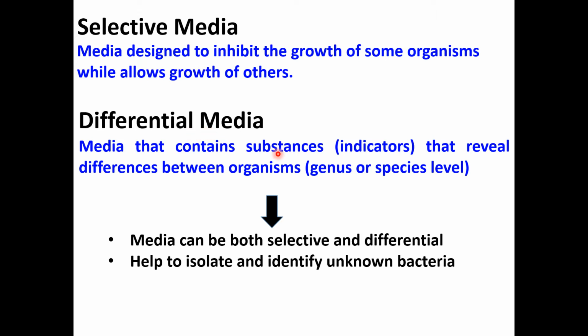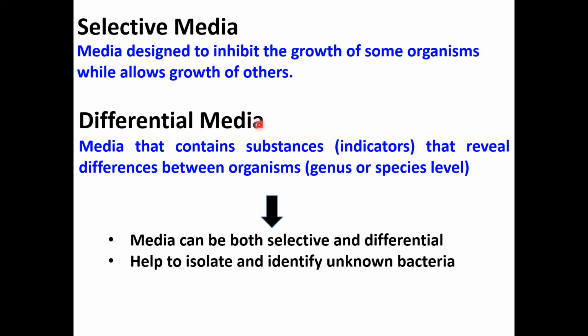Here we have ingredients that let us see a visual result, something different about the microbe. We have what we call indicators, the differential ingredients in the medium, that would make us observe some type of color change, and then the color change would indicate something.